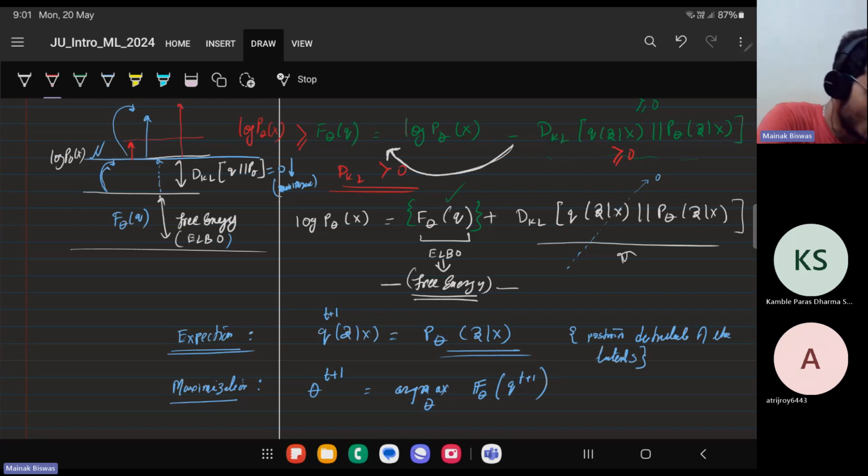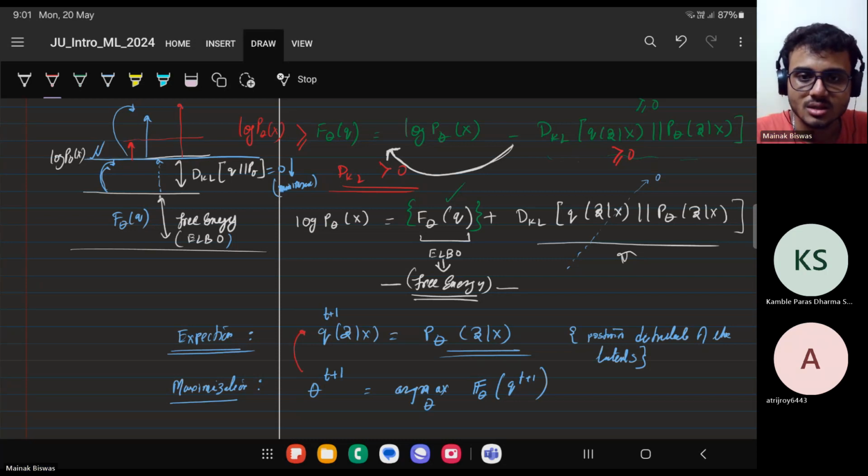Again you will do the previous step, the expectation step, where you make the posteriors equal. Why is it called expectation? Because the posteriors are being matched to what they're expected to be. And you're maximizing the ELBO at every step. So this is called the EM algorithm.